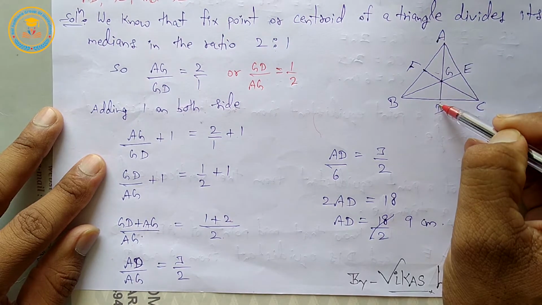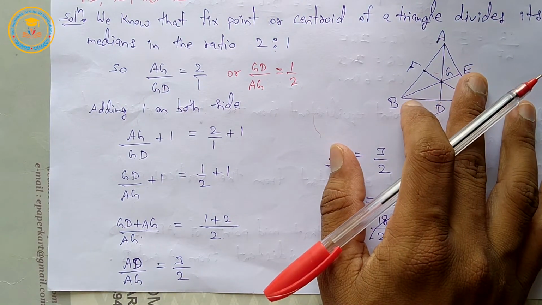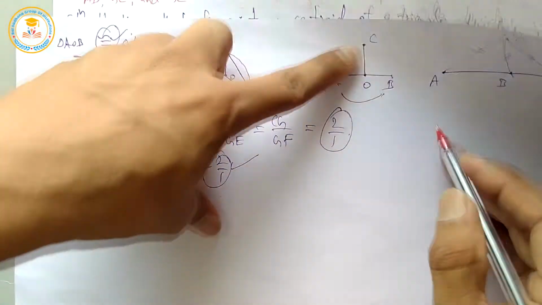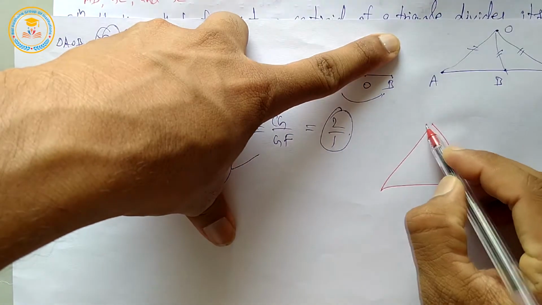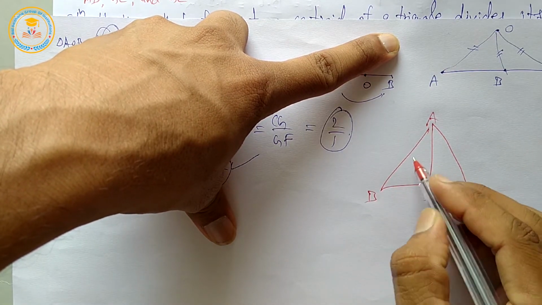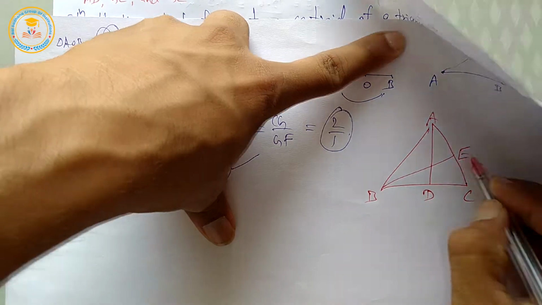So AD upon AG equals 1 + 2, that is 3/2.